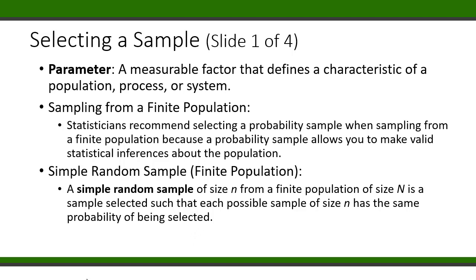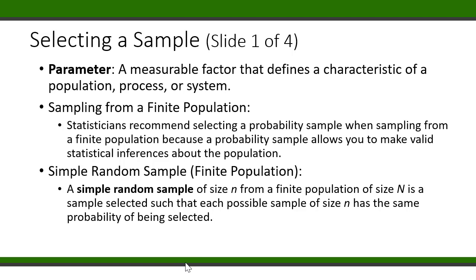So what you want is to gather a random size sample. A simple random sample of size n, notice this small n here, so that's the sample, from a finite population of size big N, so that's the total number in the population, is a sample selected so that each possible sample of size n has the same probability of being selected.